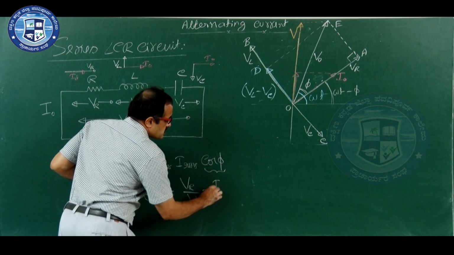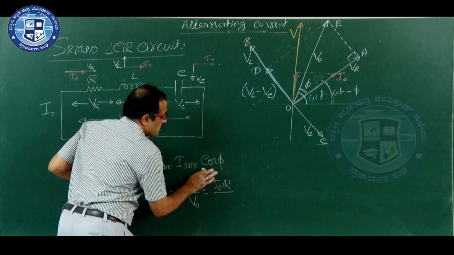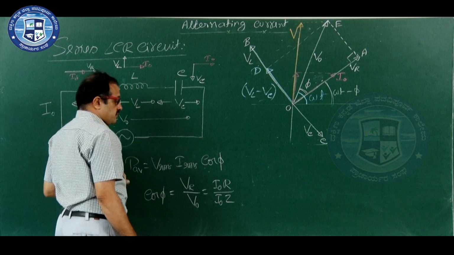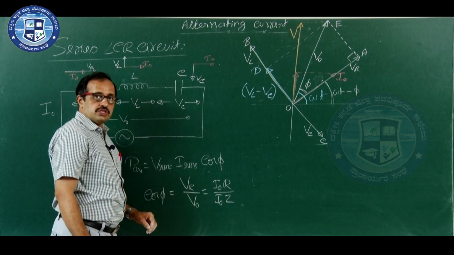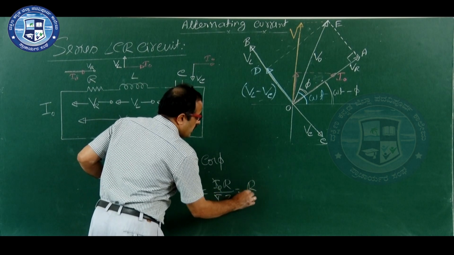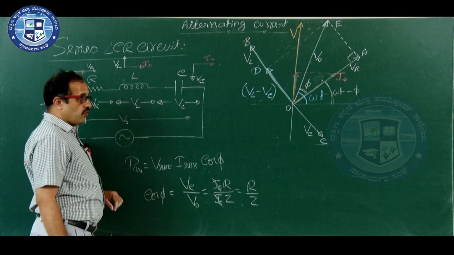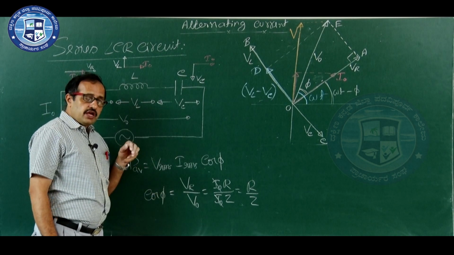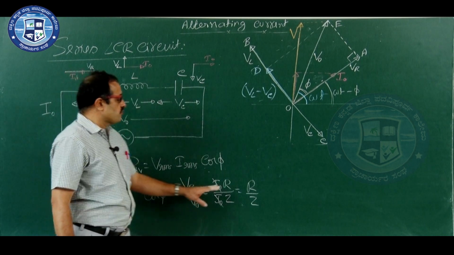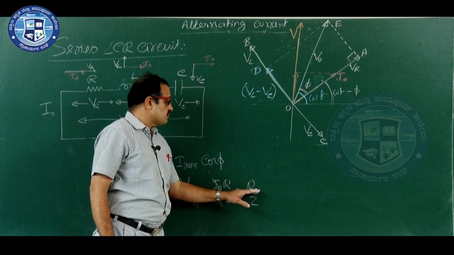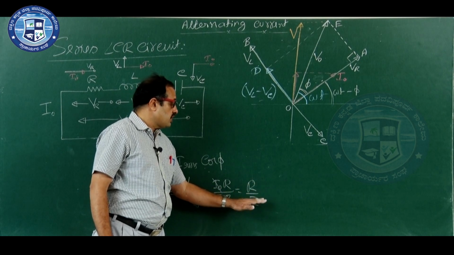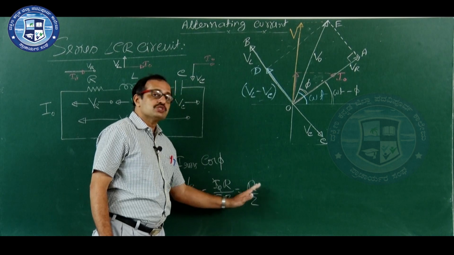VR can be written as I naught into R, divided by V naught, which is I naught into Z. Already we got this equation in the earlier discussion, and I naught we can cancel, it is R by Z. Therefore, if you take any circuit in general, the power factor of the AC circuit is given by the formula R by Z, where R is the resistance of that circuit divided by Z, the impedance of that circuit.